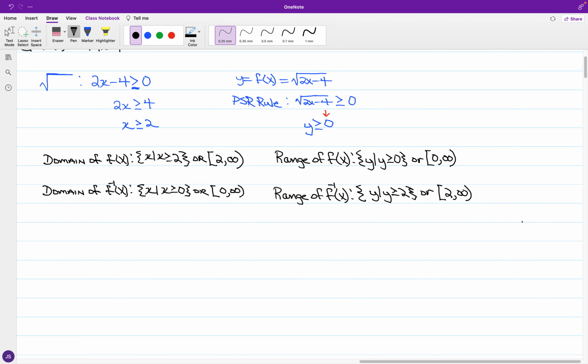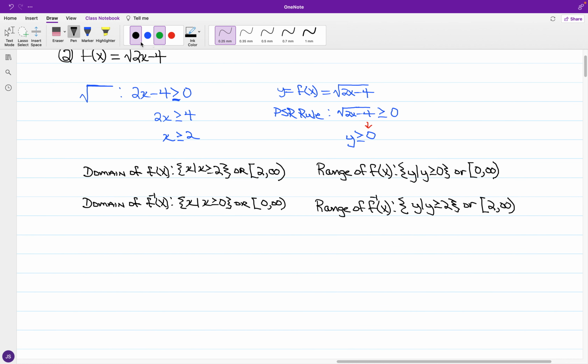Okay. Now, looking for the inverse of f of x is equal to the square root of 2x minus 4. For f of x, putting in terms of y equals, y is equal to the square root of 2x minus 4.